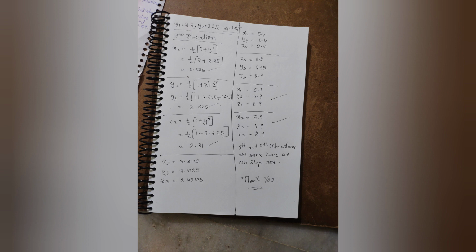You can observe the sixth iteration and seventh iteration. I have done up to 7 iterations, but you can observe that for the sixth and seventh iterations we got the same values, hence we will stop the solution here. So these are the 7 iterations, and this is all about the Gauss Seidel iteration method. Thank you.